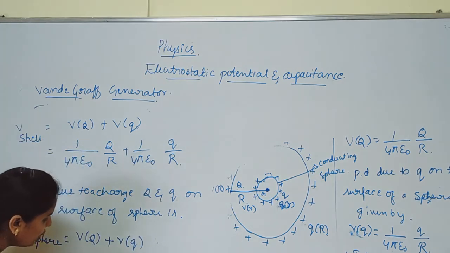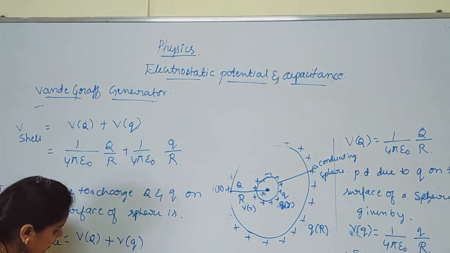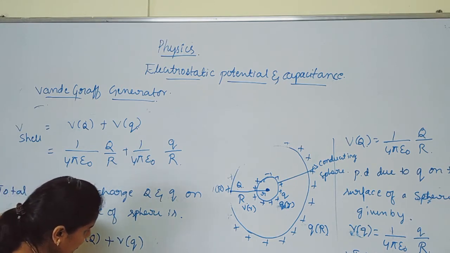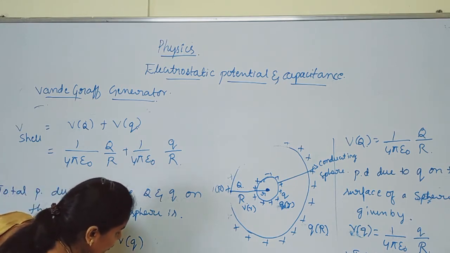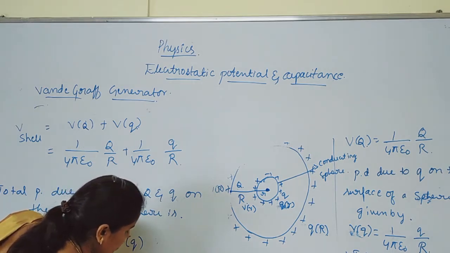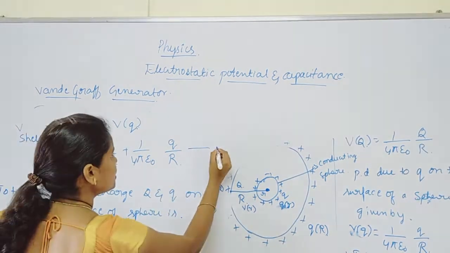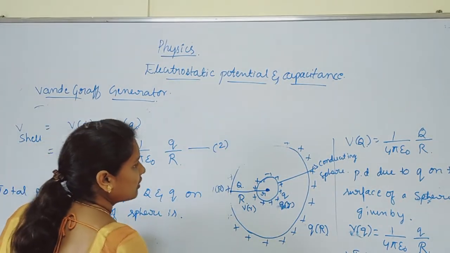Therefore, 1 over 4 pi epsilon naught Q divided by R plus 1 over 4 pi epsilon naught small q divided by small r. So this is regarding the total potential.